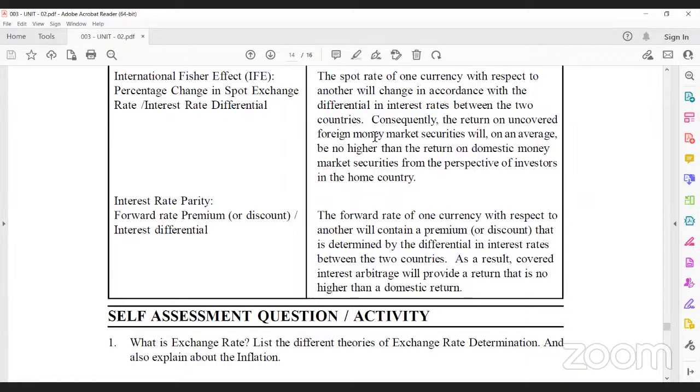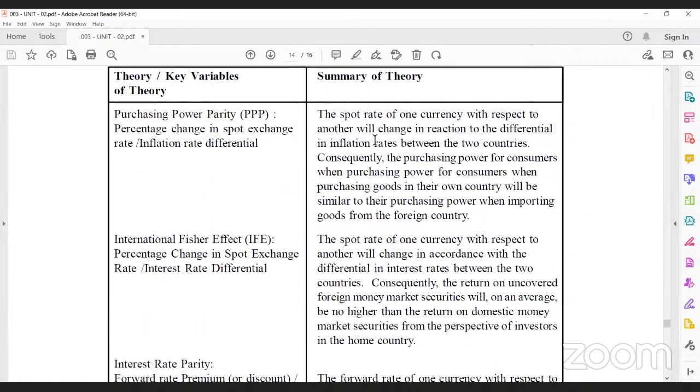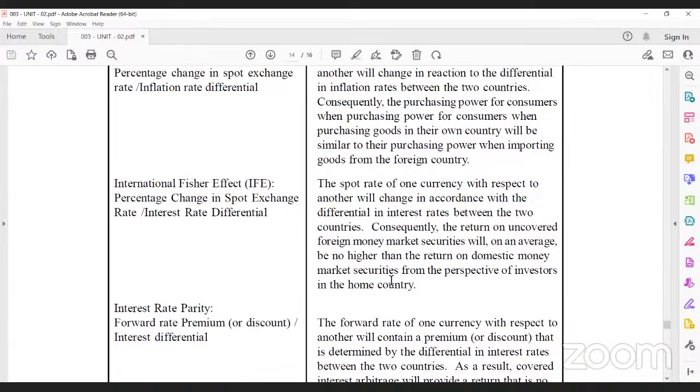I hope it is clear to all of you. PPP, purchasing power parity, depends on the spot rate, and the reaction depends wholly on the differential in inflation rates, whereas IFE is also about the spot rate of one currency between two given countries, but the component making the impact is the difference in interest rates.